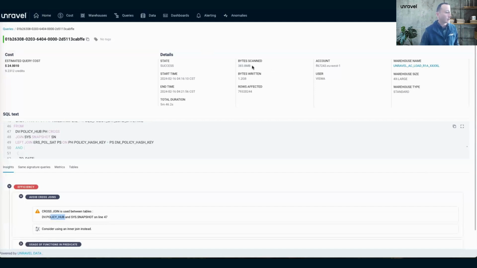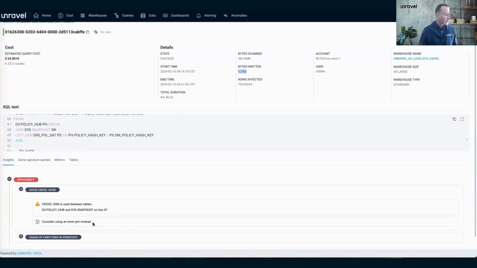And you can actually see here 380 megs scanned total across those two tables, but over 1.2 gigs written. So all Unravel is suggesting is to consider using an inner join instead. Now, there could be some business case requirement for this. We don't know what that is.